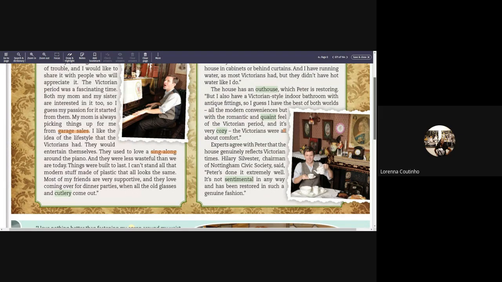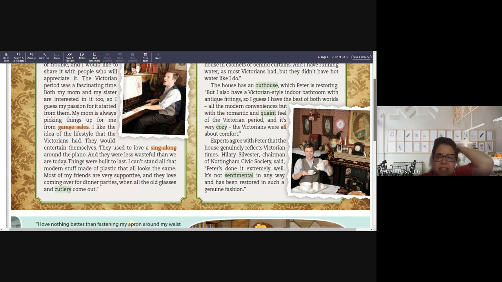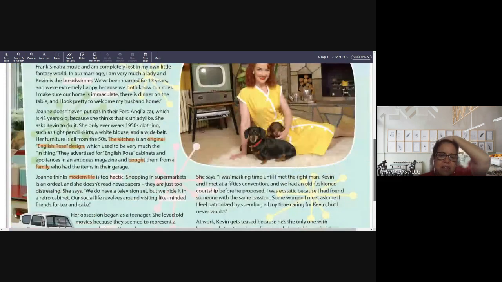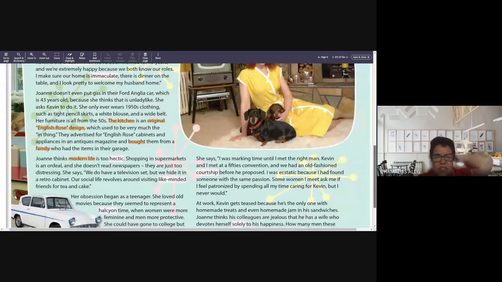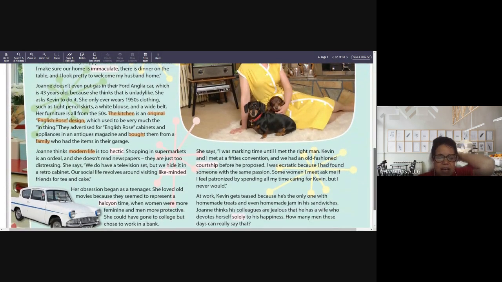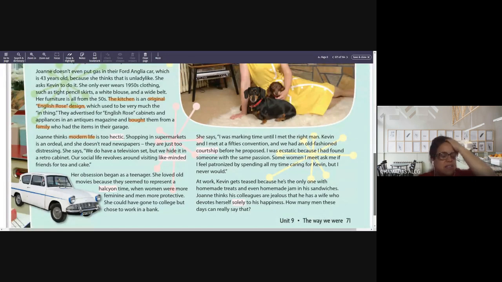Yes, for example, here, she likes the furniture, she likes the decoration, she likes pretty much everything.